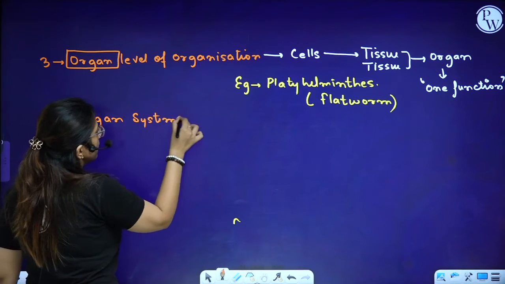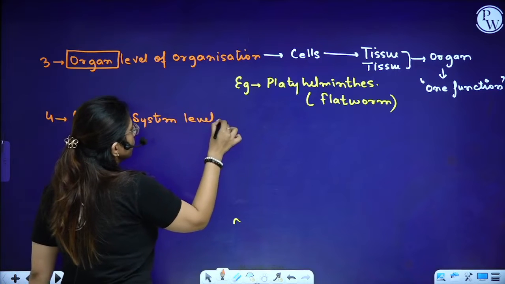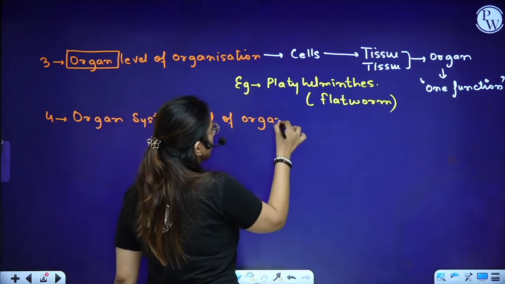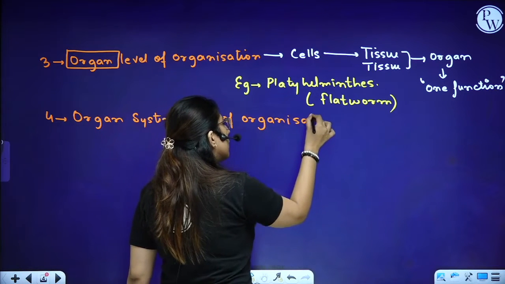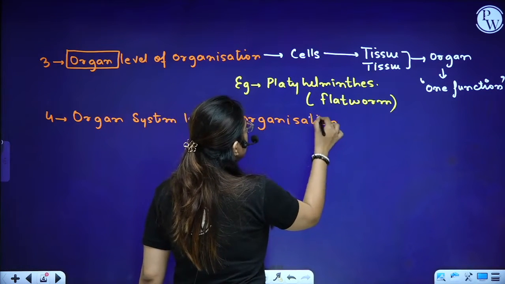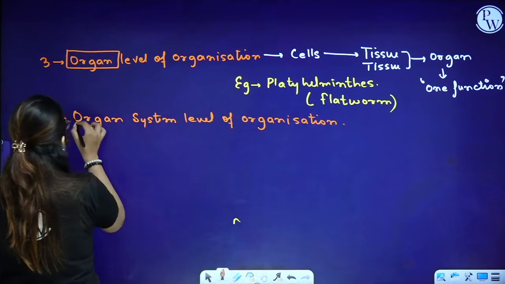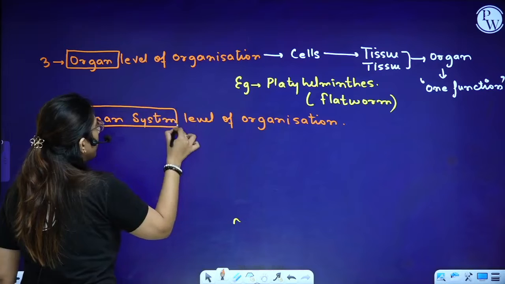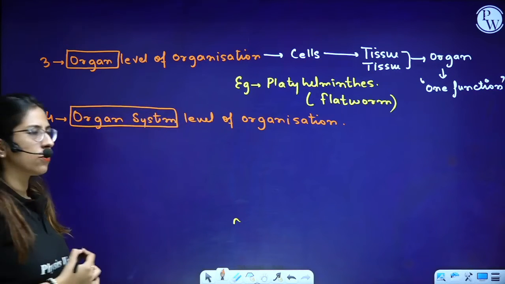Organ system level of organization. Here what do we have, buddies? Organ system. Now this organ system means what?